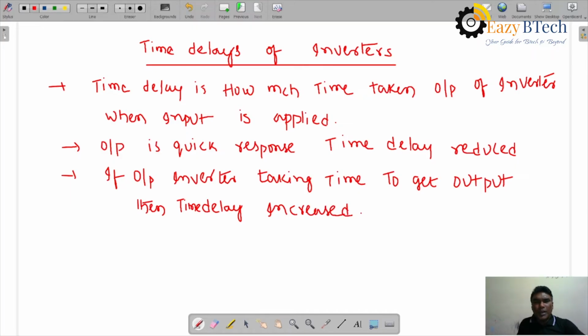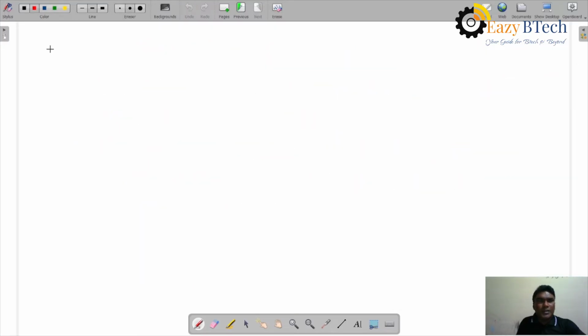Right, every circuit has a time response, how much delay is happening when an input signal is applied to the inverter. Let us see, we have different types of inverters. Let us find out the time delays of the NMOS inverter and then the CMOS inverter.